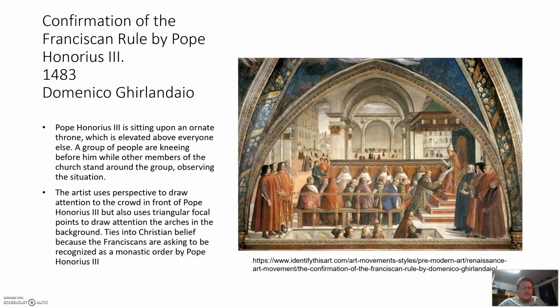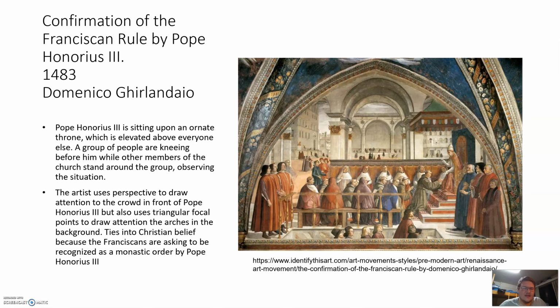When I'm saying the triangles draw attention to arches in the background, using the triangles gives the image more depth. So we're being attracted to the crowd in front and at the base of Pope Honorius III's throne, but it also gives us a sense that this isn't the only thing occurring in this image, that there's more going on in the background.